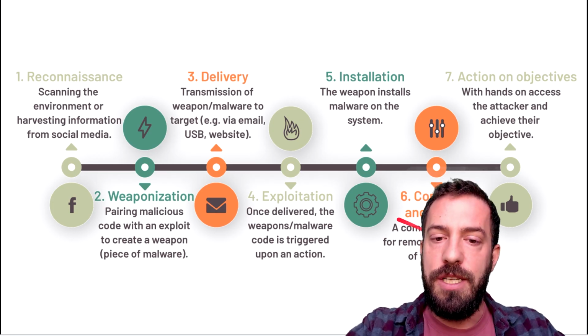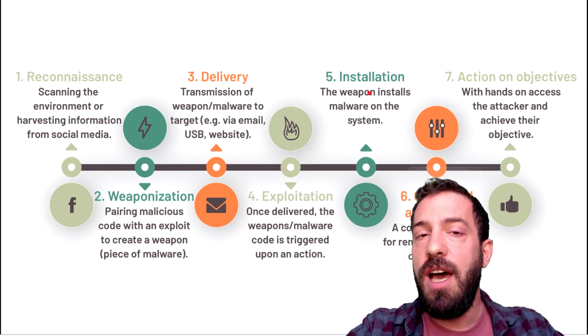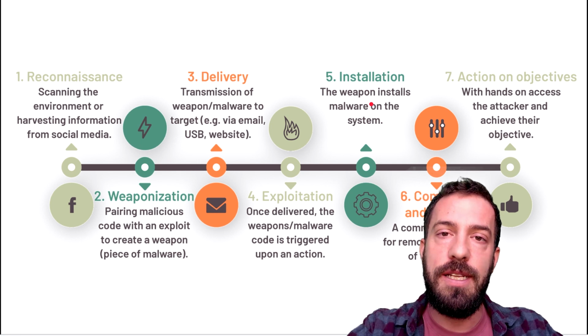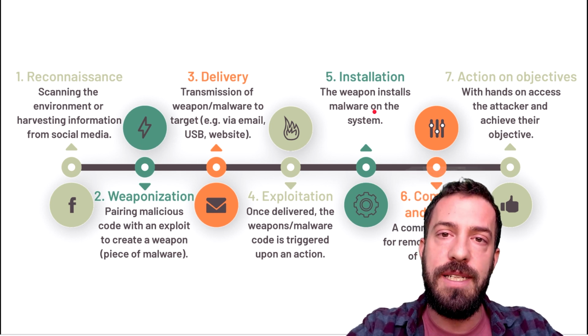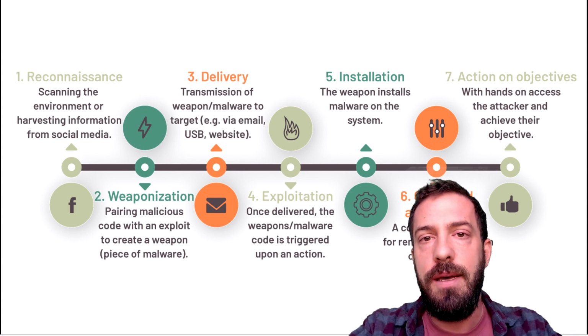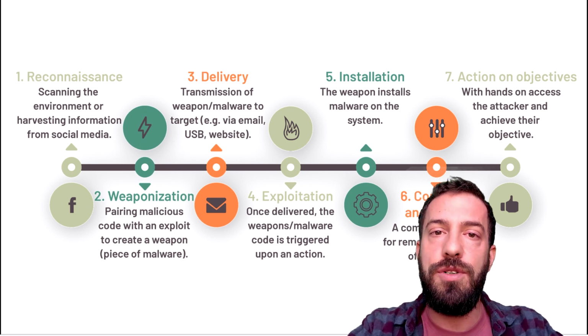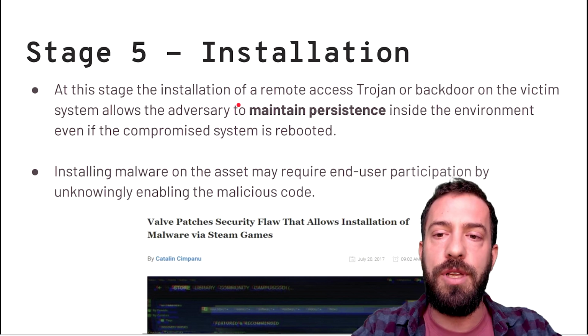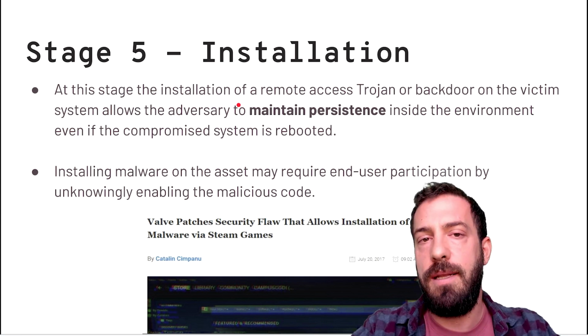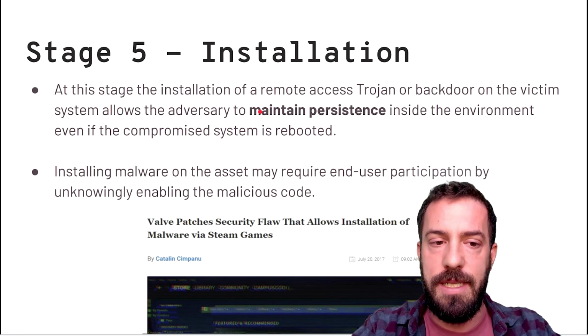So after exploitation takes place, you have to ensure that the malware is installed in the system. In case of, for example, a reboot of the system, the malware may disappear. So you have to ensure persistence of the malware on the target. That will be stage 5, installation. At this stage, you somehow install a remote access Trojan or a backdoor that allows you to maintain persistence.